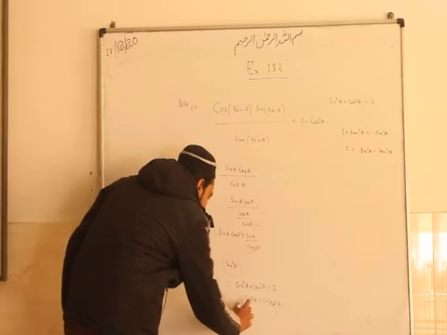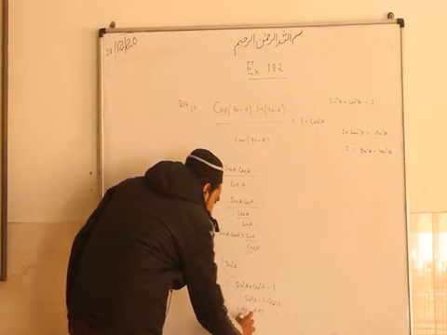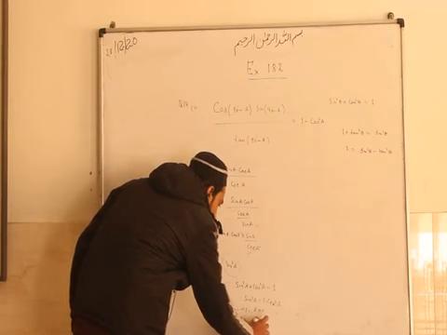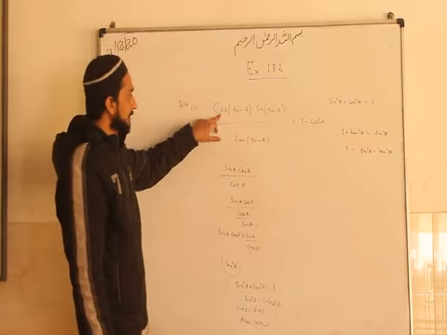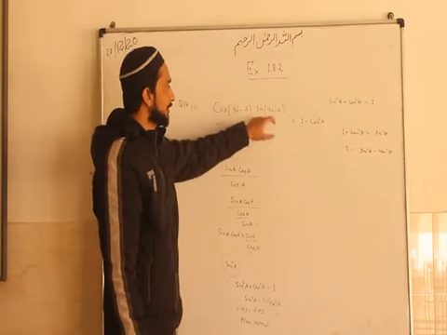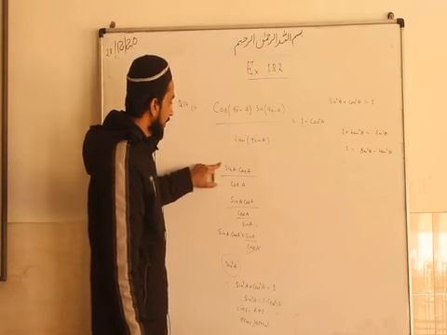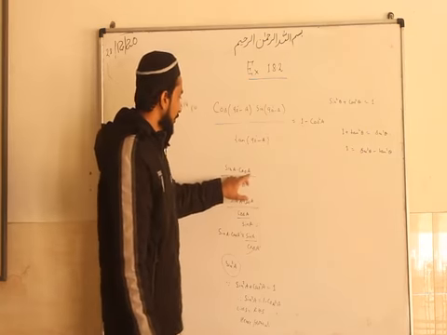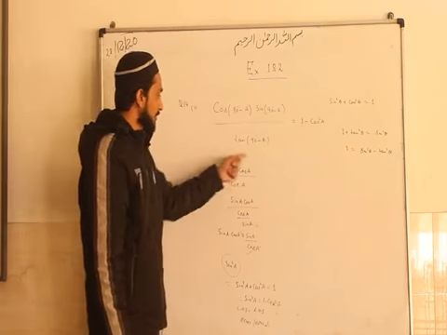So LHS equals RHS and we can write hence proved. Like this we have to show these steps. The first thing that we have done is only changing by using the complementary ratios: cos(90 minus a) will be sin a, sin(90 minus a) will be cos a, similarly tan(90 minus a) will be cot a. This is the first step.